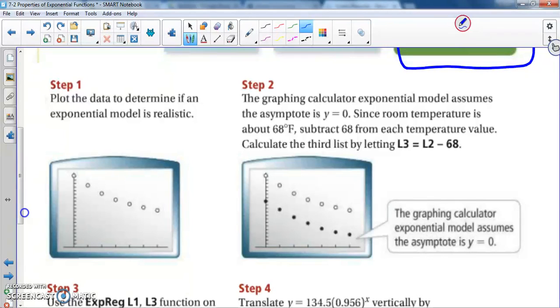So since room temperature is about 65 degrees, we're going to subtract 65 from each temperature to calculate this third list. Because in our first set of data, our y-intercept was 68 because that's room temperature, but really our calculator wants to think our asymptote is 0, so we have to change that.